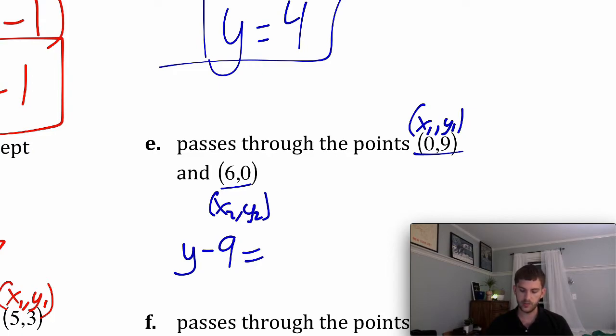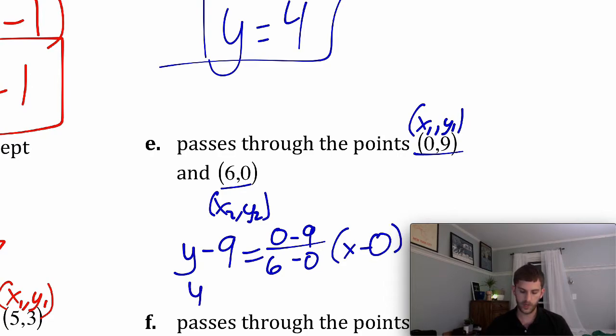We have y minus 9 equals, and now we go through the slope formula: y2, 0, minus y1, 9, divided by x2, 6, minus x1, 0. And then we have x minus our x1, which was 0. Our numerator up top is negative 9 divided by positive 6, and x minus 0 is just x.